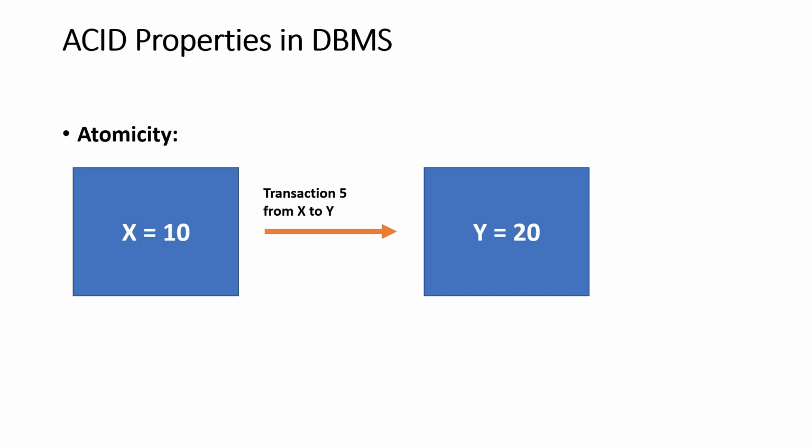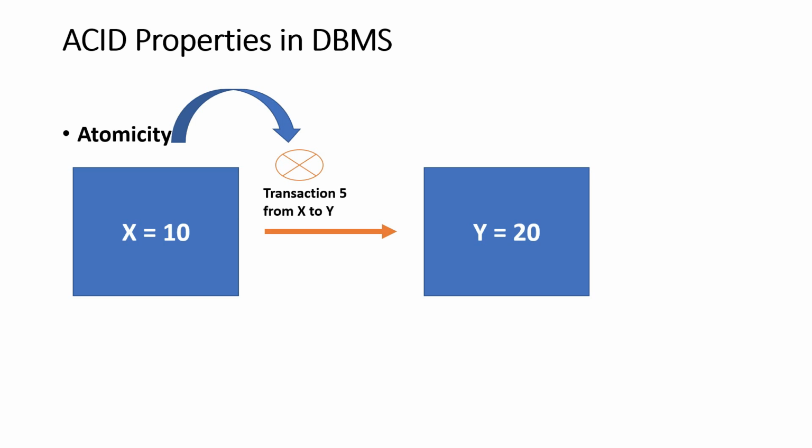Let's assume that in the transaction, the first step reduces X by 5 rupees and then the other transaction fails, so in account Y the 5 rupees are not added. Now the first transaction, the deduction from account X, occurred successfully, but the second transaction that adds the 5 rupees to account Y has failed.